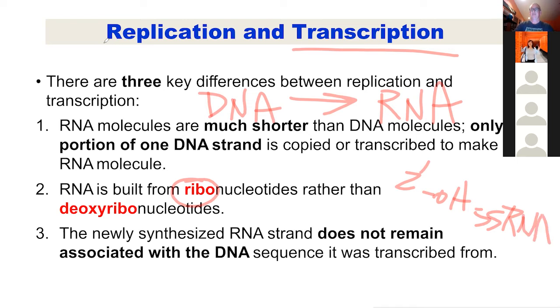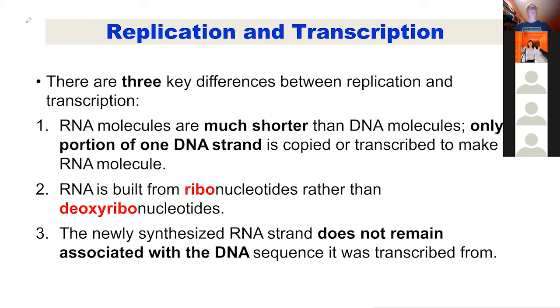You don't really see a lot of double-stranded RNA. You sometimes see double-stranded RNA in viruses where their genomes are RNA, but usually not. RNA is almost always single-stranded. And it doesn't remain in the nucleus, it leaves.